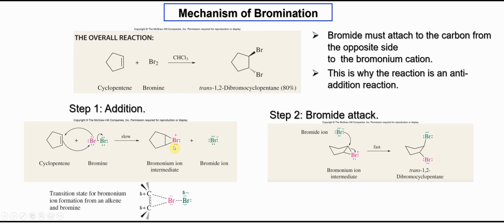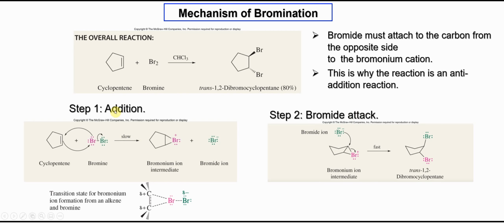You form a bromonium, and then the anti-addition or trans product will be produced. You have 2 steps. Step 1 is called the addition reaction. Step 2 is called combination or attachment, called the bromide back attack.